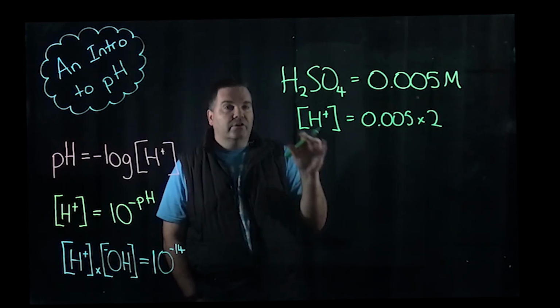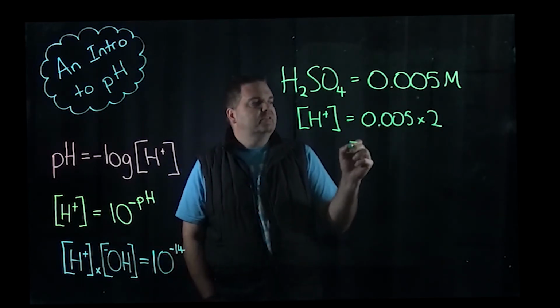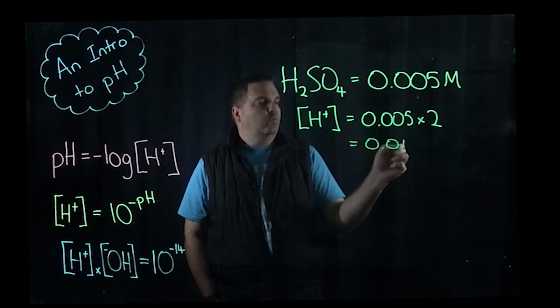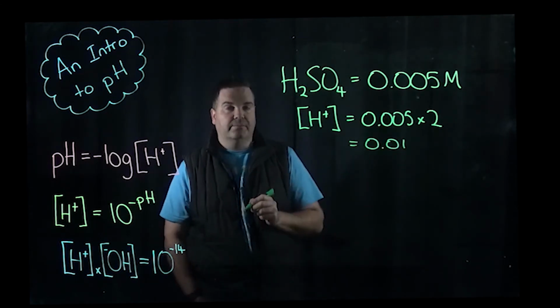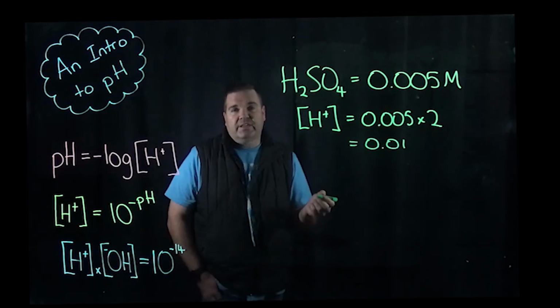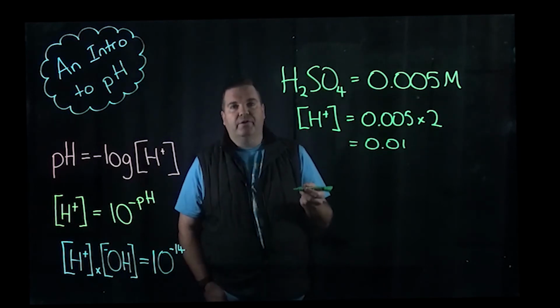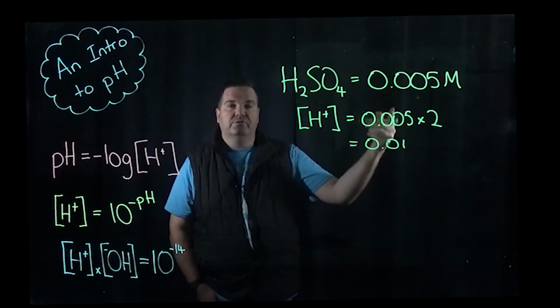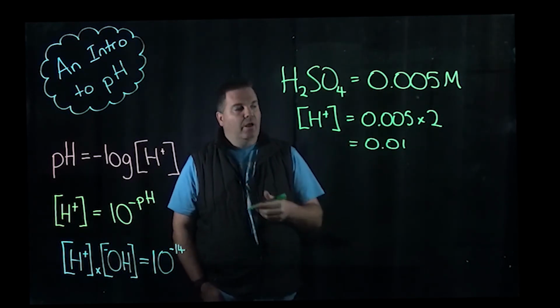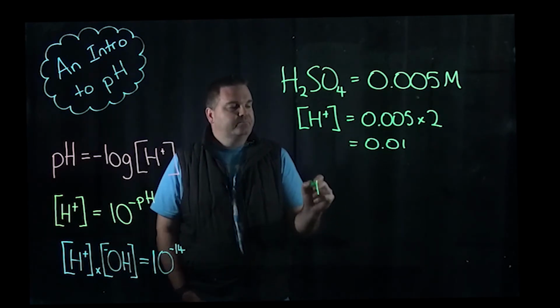So the concentration of H+ that we're going to use is actually 0.01. That's the trick that some people forget. If it's a triprotic acid like H3PO4, you would have to multiply the concentration of the acid by 3. But then the next step's exactly the same.